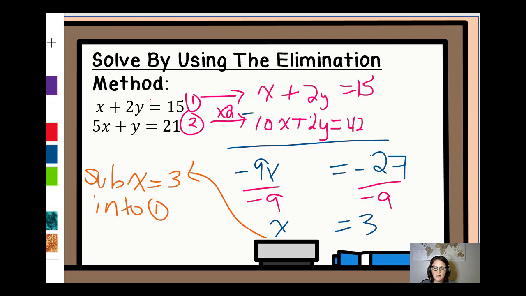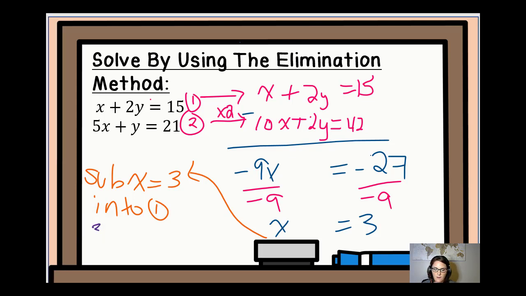Okay, when I sub x equals 3 into equation 1, I have 3 plus 2y equals 15. So I'm going to solve for y, so 2y equals 15 minus 3.